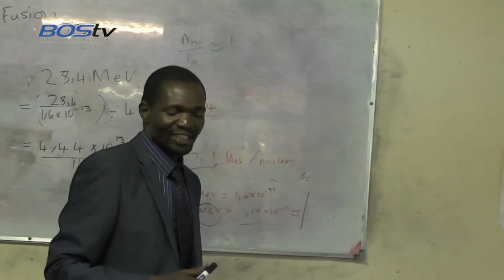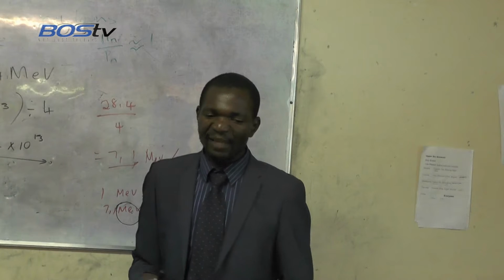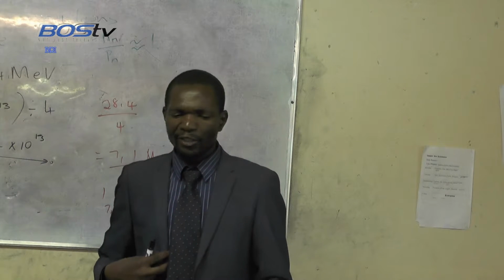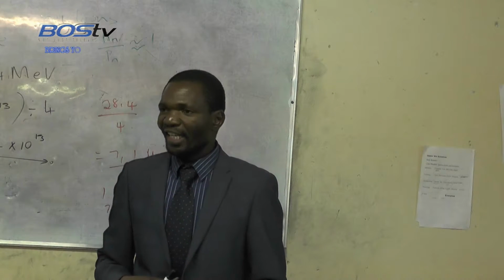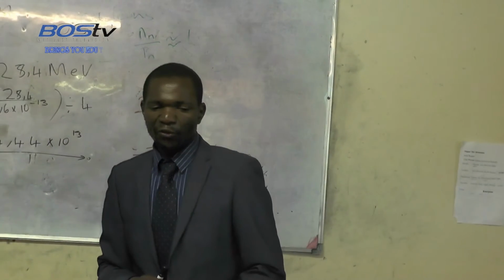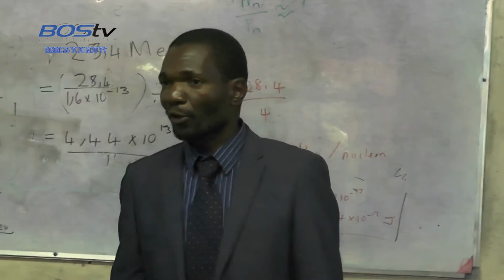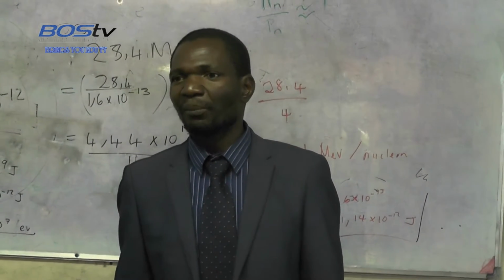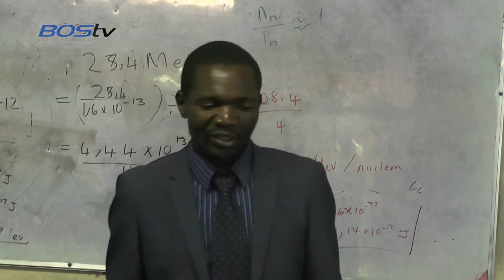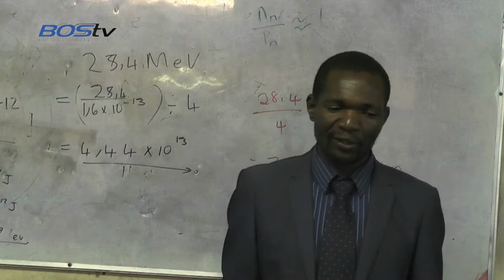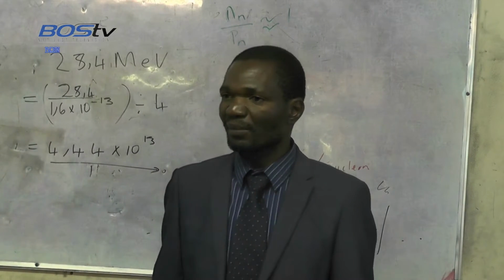So here it's just a comparison with a chemical reaction. When you've got a chemical reaction, the total energy of reactants will be larger than the total energy of products. Most of us do chemistry, okay, right? And we can also compare with mechanical systems.